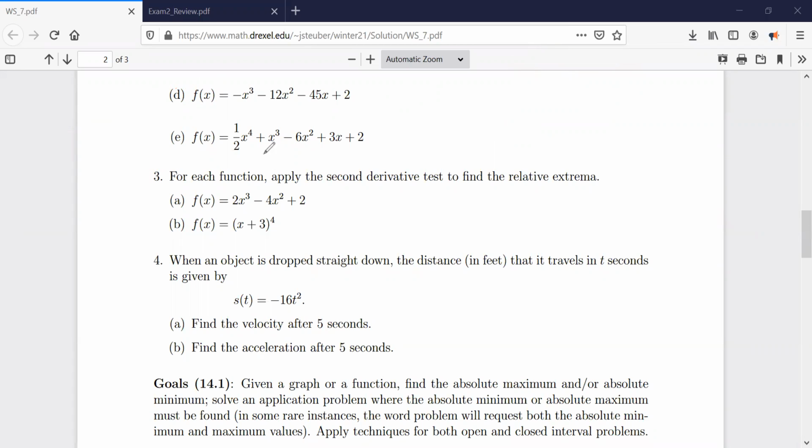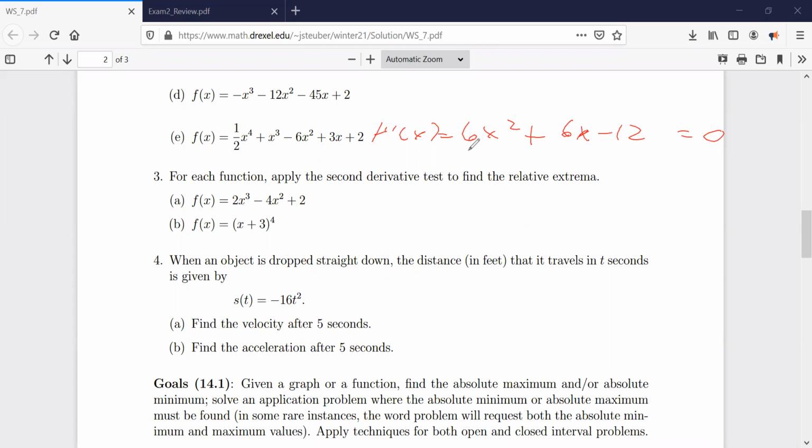So here, again, same basic idea. We do the double derivative, and we get f double prime of x is equal to 6x squared plus 6x minus 12. Then we set this equal to 0 to find the potential points of inflection.